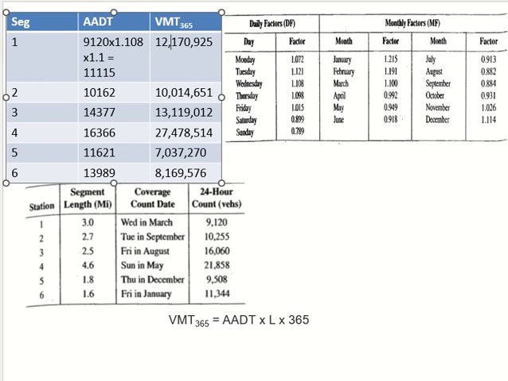The least is which one? Segment 5, right? Does segment 5 have the least distance? No. Does it have the least demand? No. That's why we combined them, because it can be confusing. If you look at these two things separately, you may get confused about which should get more priority and importance.